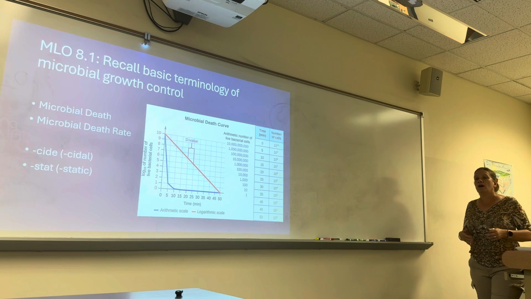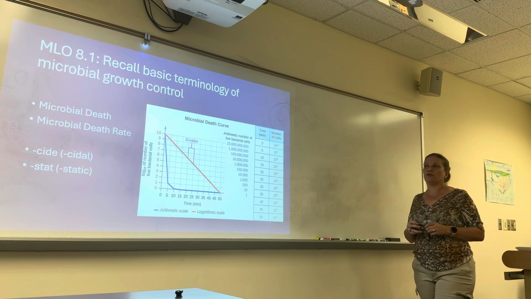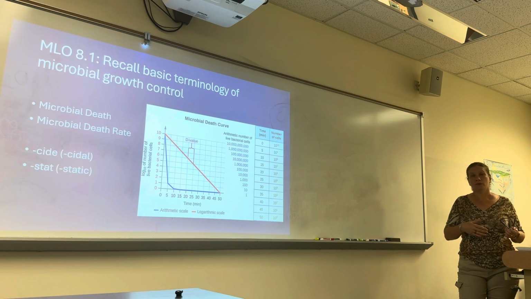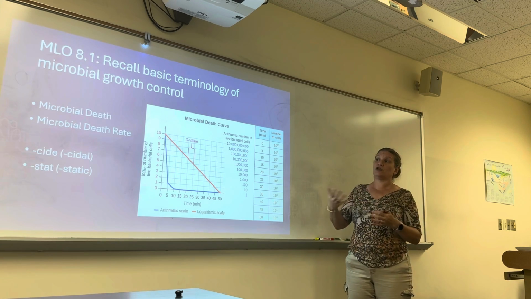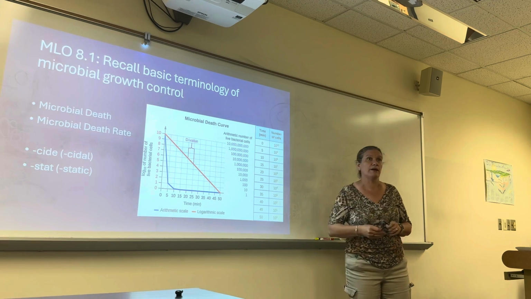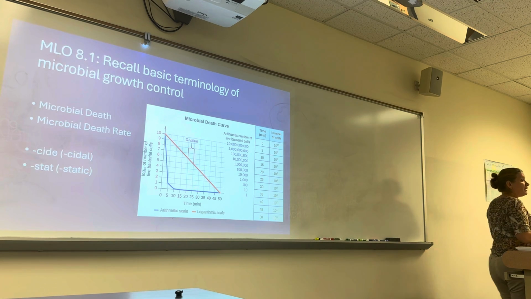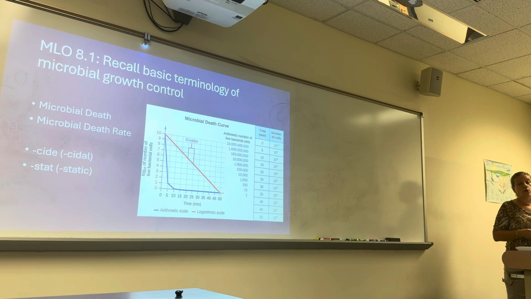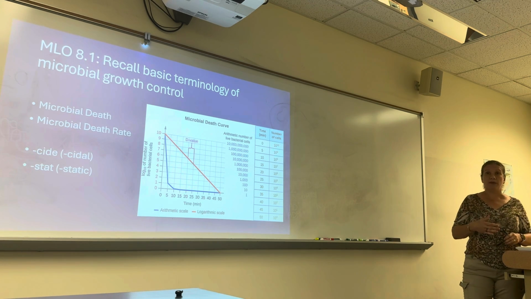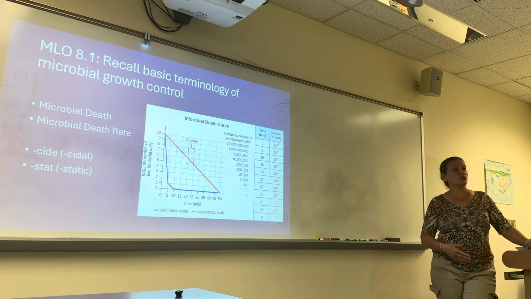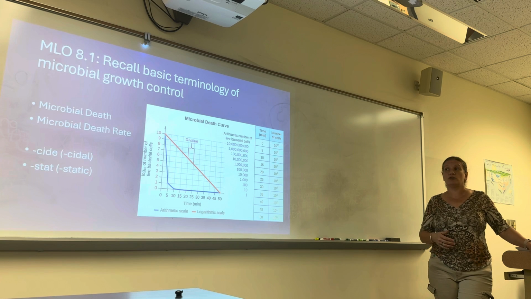If it is just inhibiting the growth, then we refer to it as microbiostatic. The term before that suffix just refers to what we're talking about. If it's microbiological in general, it's microbiocidal; if we're talking specifically about bacterial cells, it's bactericidal, or fungal cells, fungicidal. So the term in front of it indicates what we're talking about.